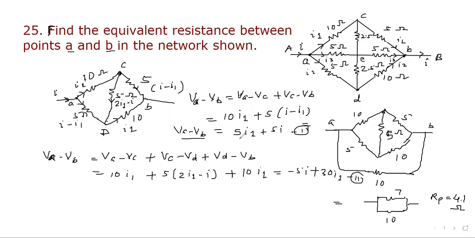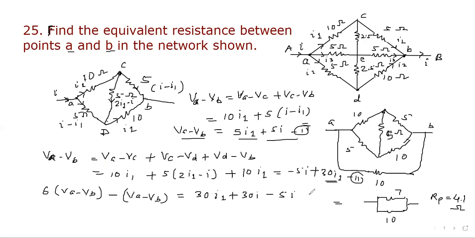Now, we have to eliminate this I1 from the equations. For this purpose, if we multiply this equation by 6, it will become 30I1 plus 30I. And then we subtract the second equation directly. So 6 times VA minus VB, minus VA minus VB, equals 30I1 plus 30I minus minus 5I plus 30I1.